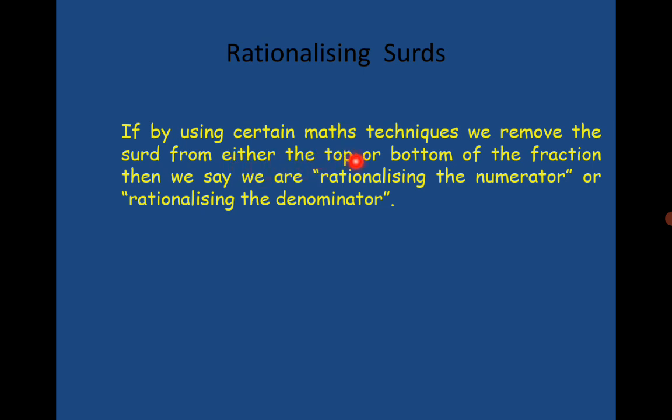So the technique of removing the surd from an expression is called rationalizing. In other words, to make either the numerator or the denominator rational. So that's what we'd love to look at now.